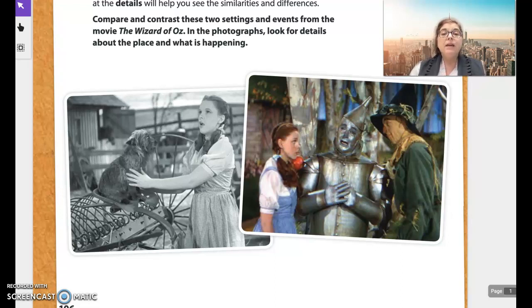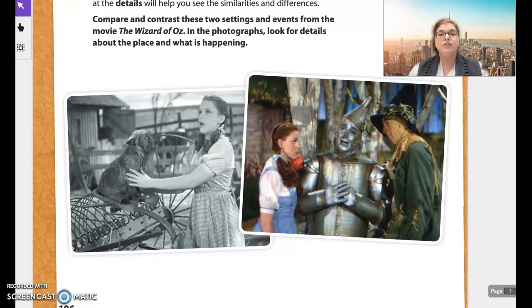Now, in The Wizard of Oz, what's going on? The background is we understand that Dorothy is transported somewhere else to the land of Oz via a tornado.